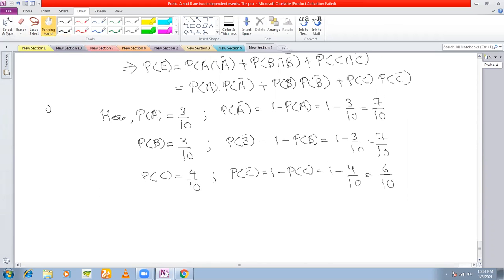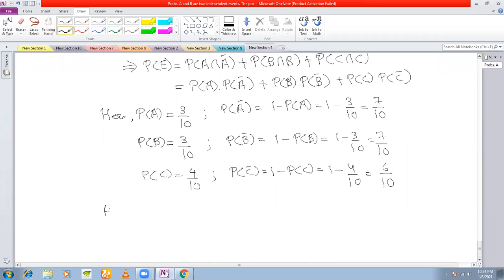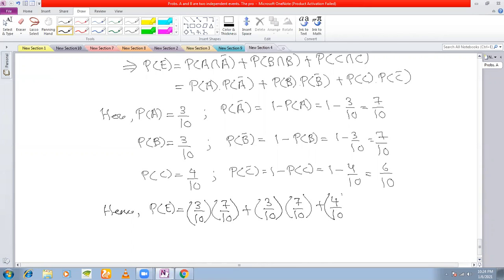So therefore, what should be the probability? Hence, P is equal to P(A) is 3 by 10, P(A bar) is 7 by 10, plus P(B) is 3 by 10, P(B bar) is 7 by 10, plus P(C) is 4 by 10, and this is 6 by 10, right?